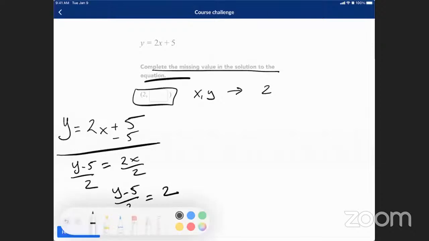So once we actually have y minus 5 over 1, how else can we go? Can we do something like that? That would bring us back to where we were before.